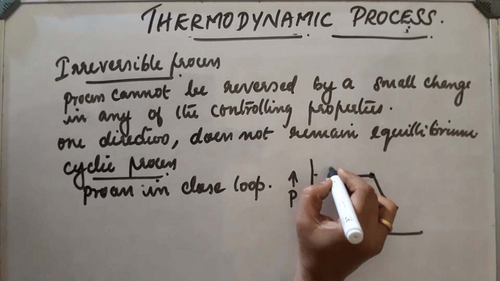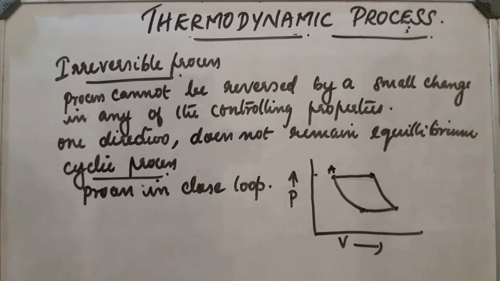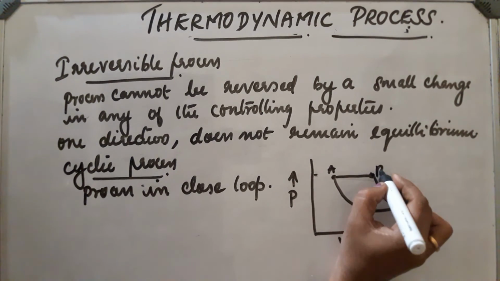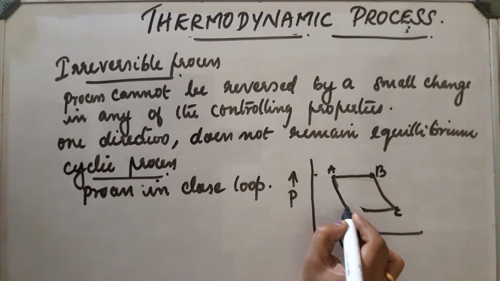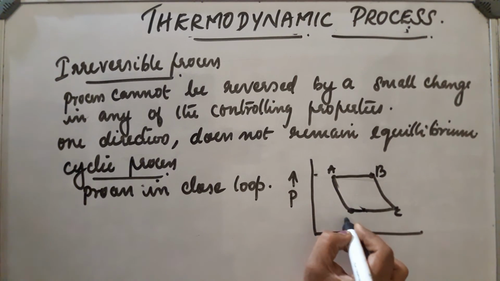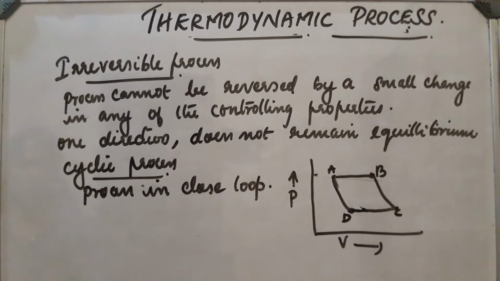This is the initial state A, then B, C, D. The process taking place in this closed loop is called a cyclic process.